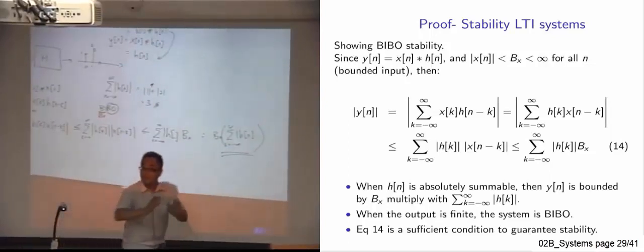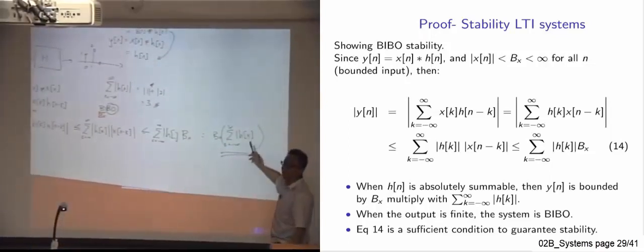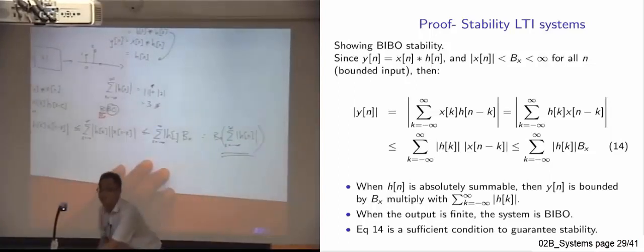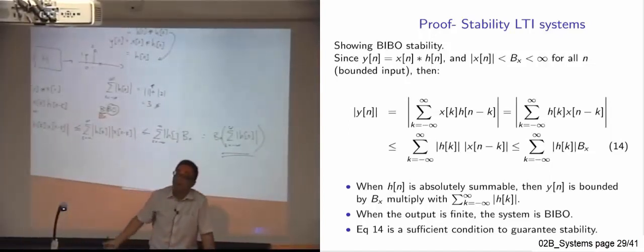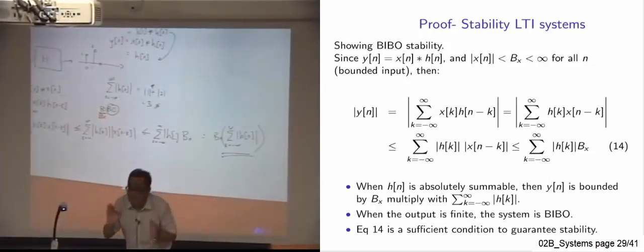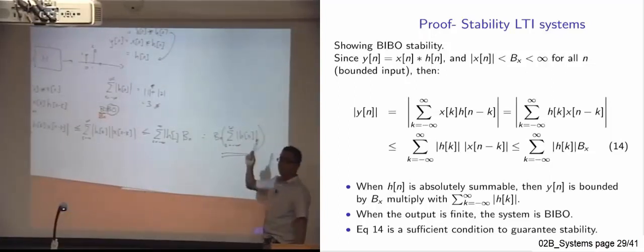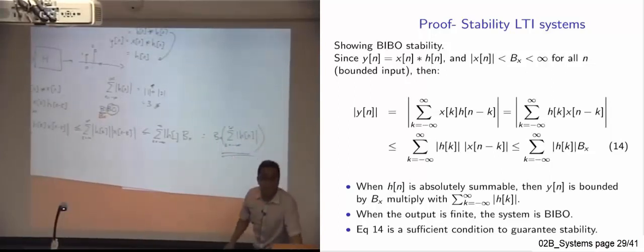Can you see now? I keep on throwing things away until the only thing that is really important sits here. My output is the largest I can ever find, as long as my impulse response is absolutely summable. Then my output will not be infinity, because as long as the sum doesn't go to infinity, multiplied by something that doesn't go to infinity, it doesn't go to infinity.